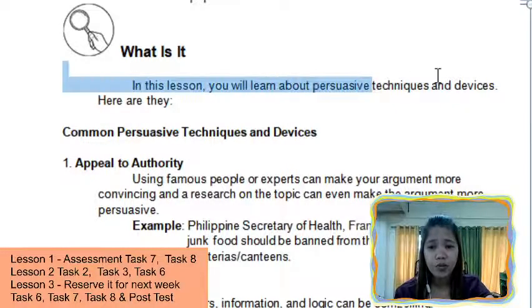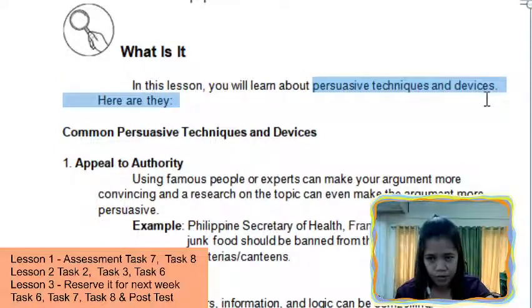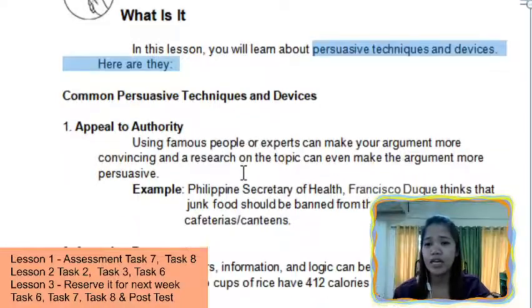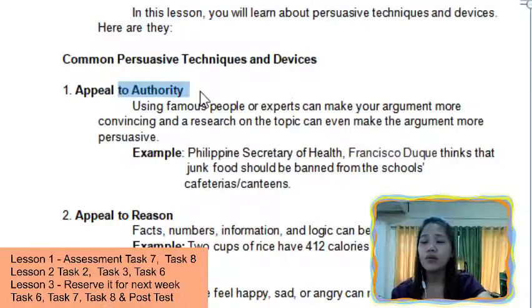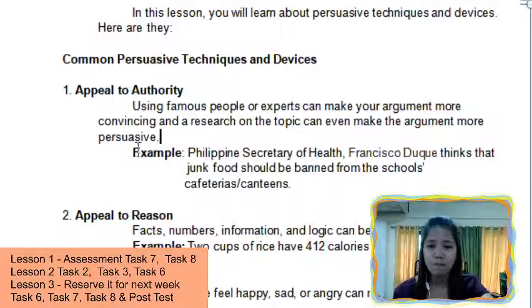How are we going to persuade them? How are we going to convince them? There are different ways on how we can convince them. The first one is appeal to authority. From the word itself, authority, we are going to make use of famous people or experts that can make our argument more convincing.